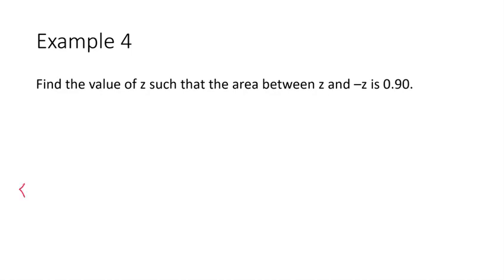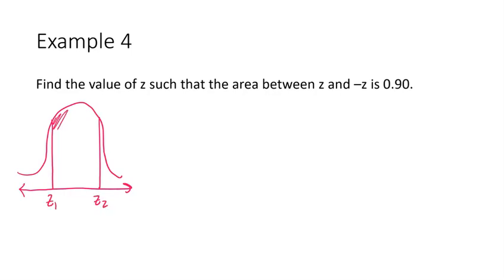So let's remember from our previous lesson, if they're looking for area between, then I have to have two z-values, my first z and my second z, so that here in the middle is 0.9. Now, please keep in mind, this is not the same as the percentile we saw earlier. Percentile is below, all the way below. This is asking me for 0.9 to be in between two values.